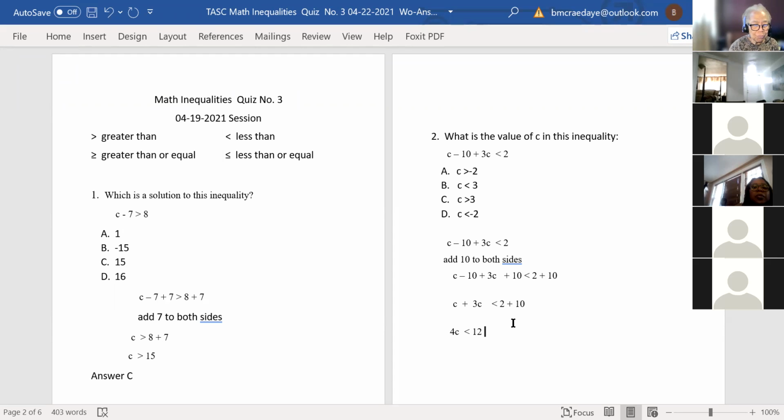I'm stuck now. Well, 4C is what operation? Addition, subtraction, multiplication, or division? When you say 4C, is that addition?